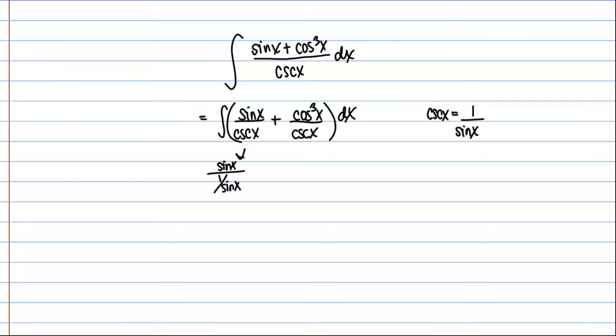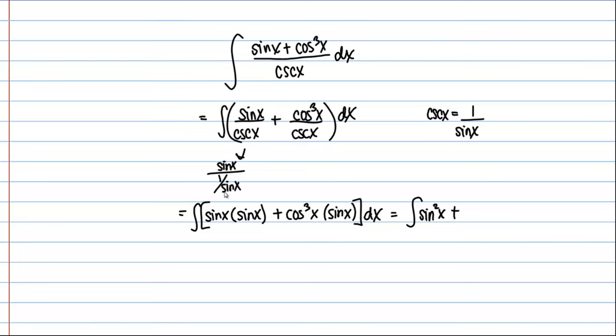So what I'm going to do is flip this denominator. Then this becomes sine x times sine x for my first term, plus cosine cubed x times sine x, which I can then write as sine squared of x plus sine x cosine cubed x.